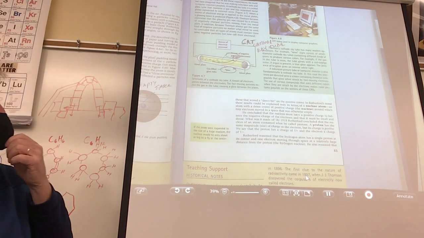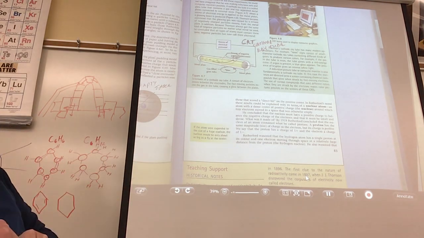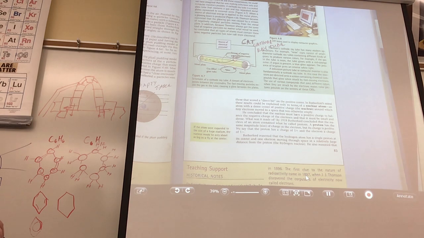Okay, it said here, those alpha particles that scored a direct hit on the nucleus, in Rutherford's mind, it's only explained by the nuclear atom, the atom with a very dense center of positive charge called the nucleus, around which tiny electrons moved in spaces that were otherwise empty. He concluded that the nucleus must have a positive charge to balance out the negative charge of electrons, and it must be incredibly small and very dense.